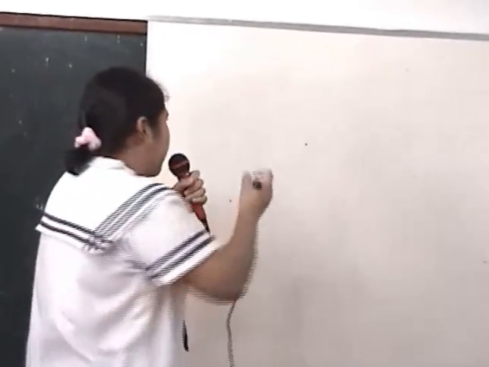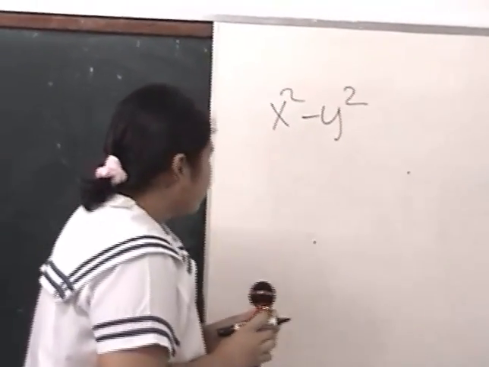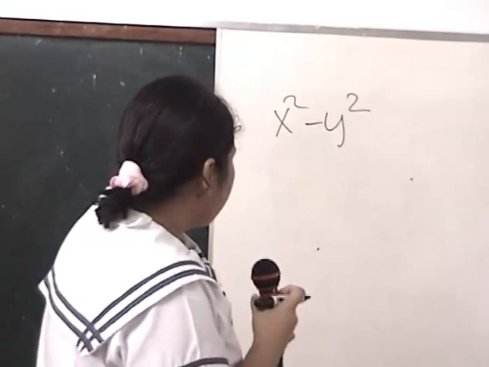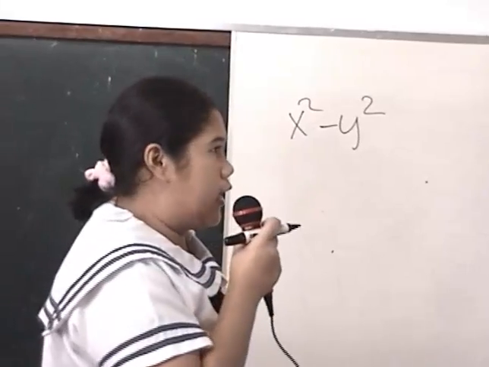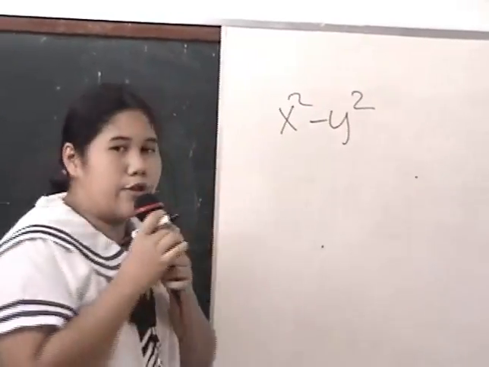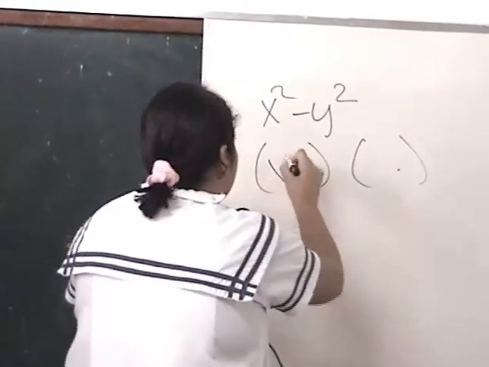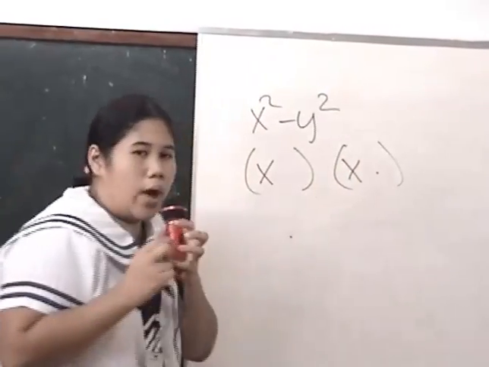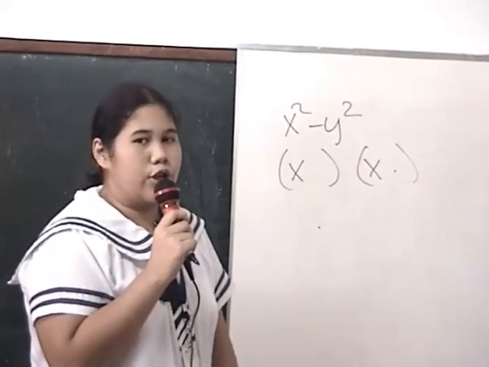Number 1. x squared minus y squared. You can try this. The first thing we need to do is to find the square root of the first term and the last term. The square root of the first term is x, while the square root of the second term is y.